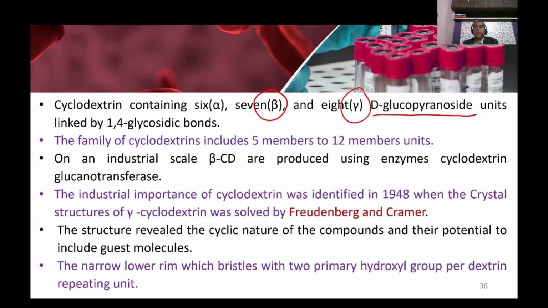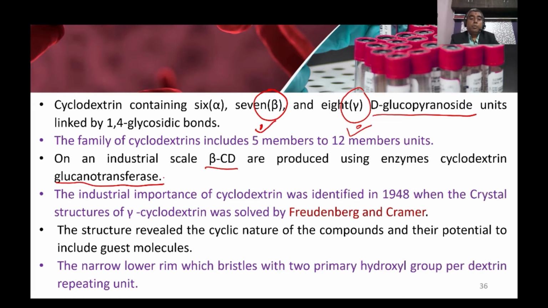The family of cyclodextrin includes 5-member to 12-member units. So we can get a 5-member cyclodextrin, and a maximum of 12 D-glucopyranoside units in a cyclodextrin. On an industrial scale, beta cyclodextrin is produced using the enzyme cyclodextrin glucanotransferase.